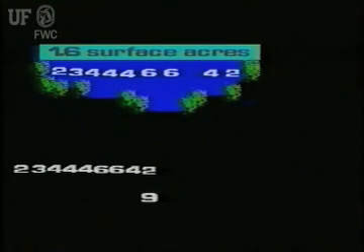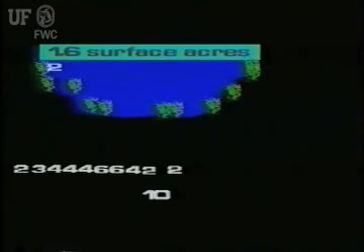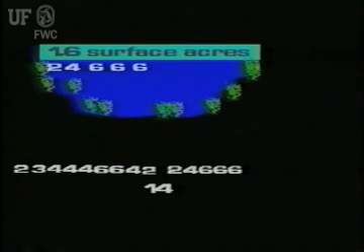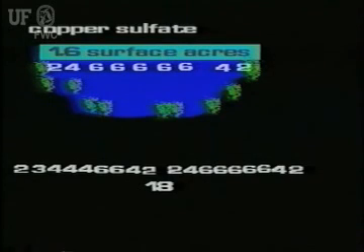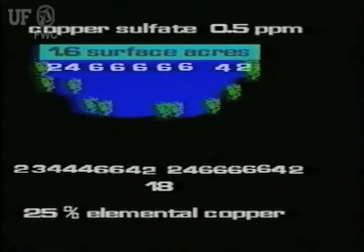And in another direction: 2, 4, 6, 6, 6, 6, 6, 4, and 2 feet. How much copper sulfate is needed to apply to the pond for algae control in order to have a final copper concentration of 0.5 parts per million if copper sulfate is 25% elemental copper?